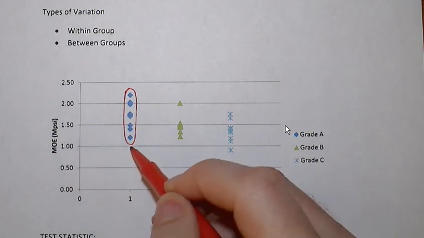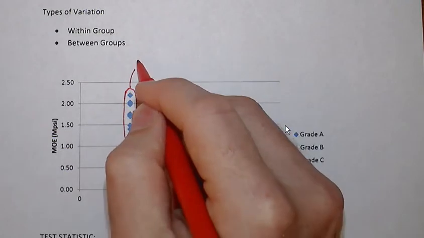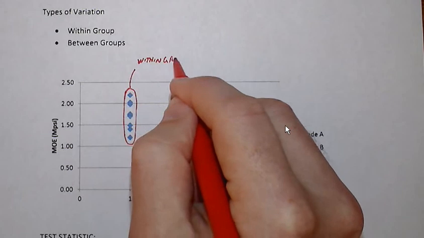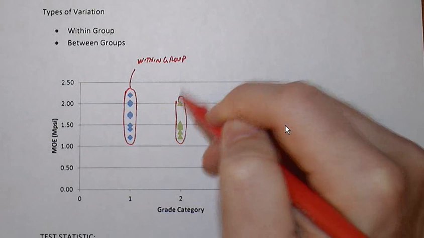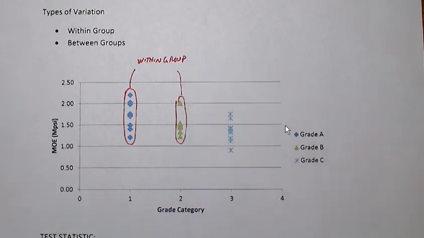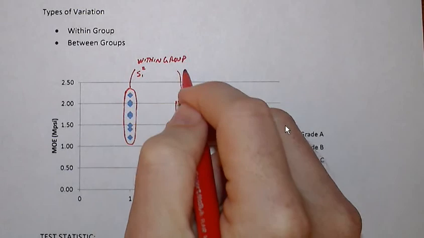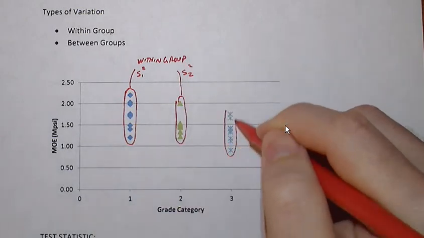And so our variation right here is our variation within the group. Likewise, in our second group, we have variation within the group. Of course, we measure that with the sample variance in each case. I've drawn it all the way around, but that looks more like a range.